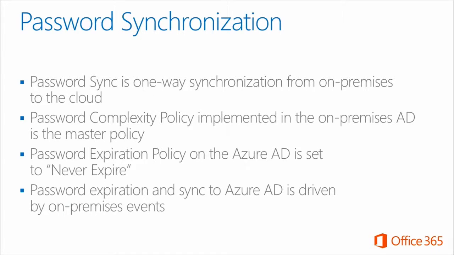And just to understand a couple of the finer points from a password synchronization, it's one way from on-prem to the cloud. We're not syncing it back down from the cloud to prem. The complexity is implemented on your AD, that's the master policy. So everything in the cloud is set to not expire, and then you own that password policy and you own the way that sets.